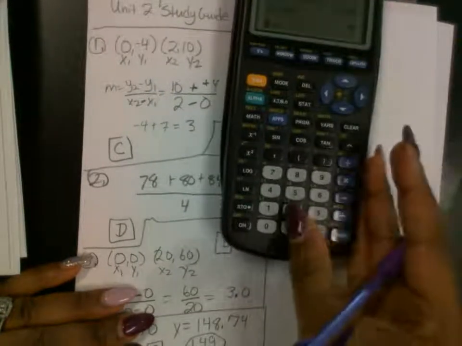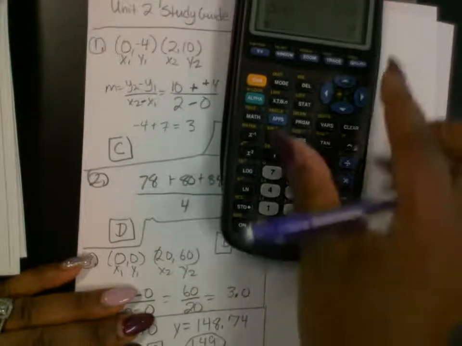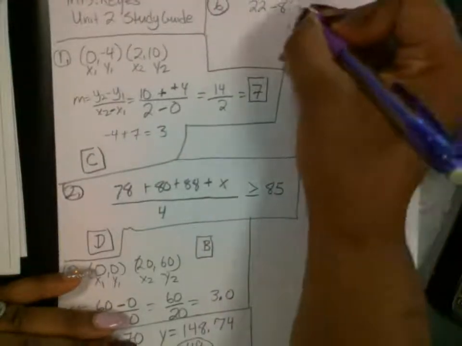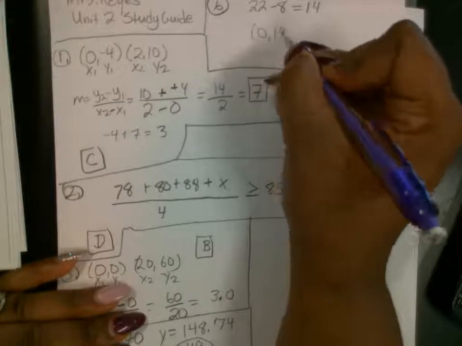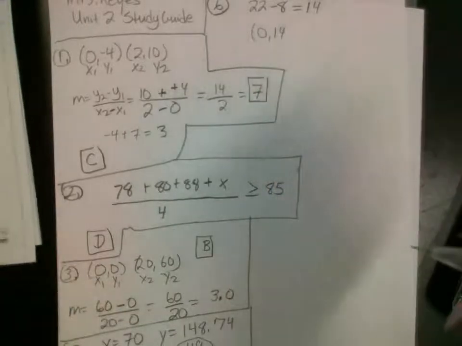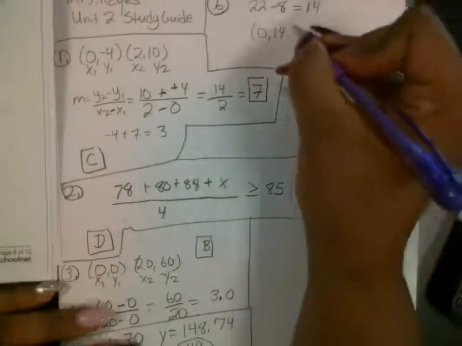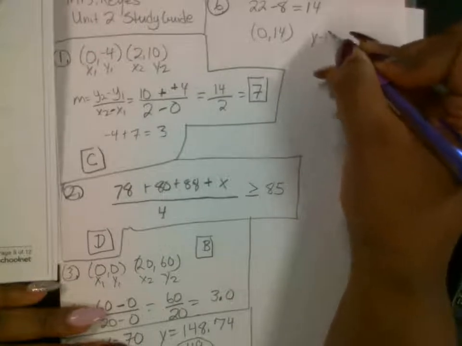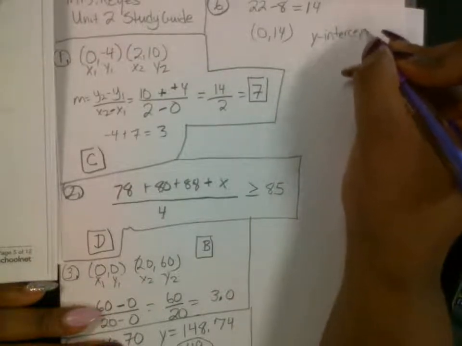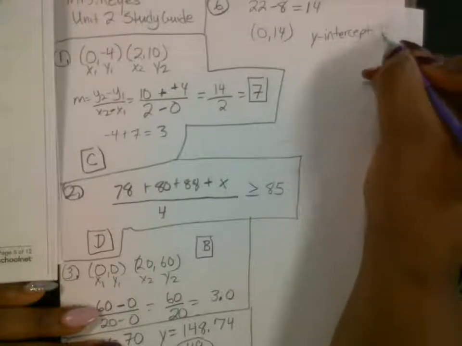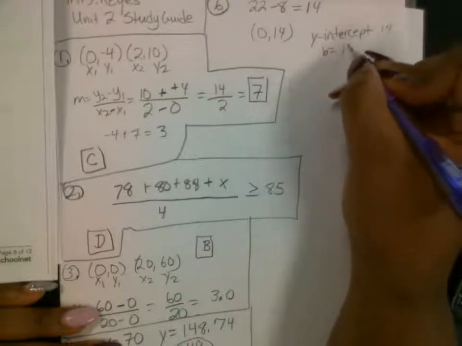So when we do 22 minus 8, that gives us 14. So it was 14 before. So the ordered pair is 0, 14. It was 14 to start with. So the starting amount is 14. The y-intercept is 14, or b is equal to 14.